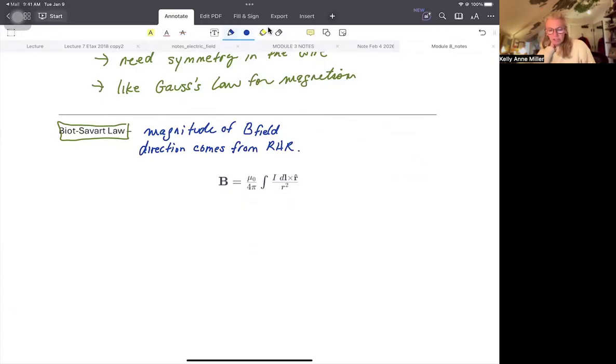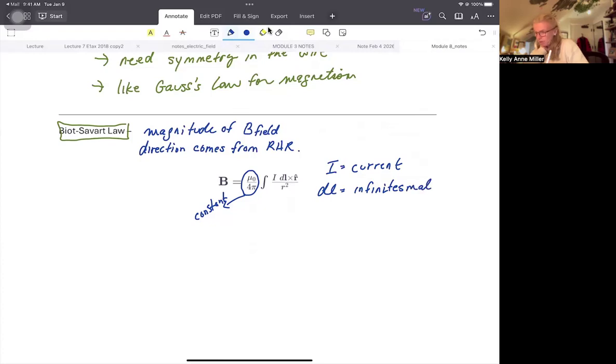Okay, so let's look at it. This is the formula for the Biot-Savart law. This is just a constant, so we can almost ignore it. I is current, how much current you have running through the wire. DL is an infinitesimal length of wire, a segment of wire that we use to set up our integration.